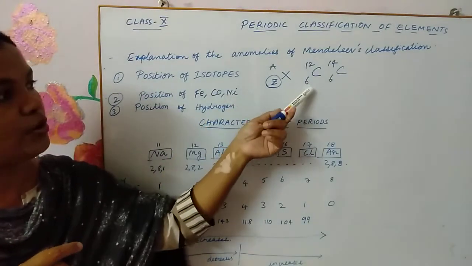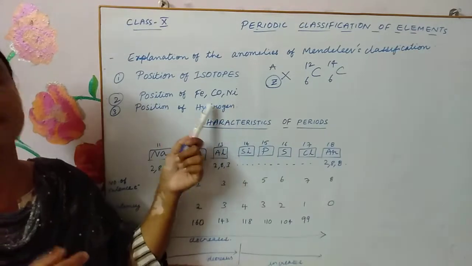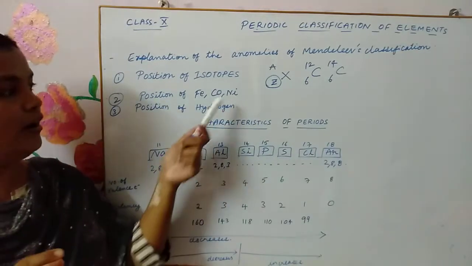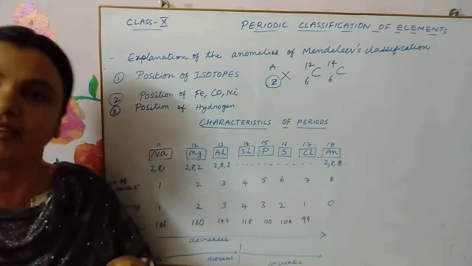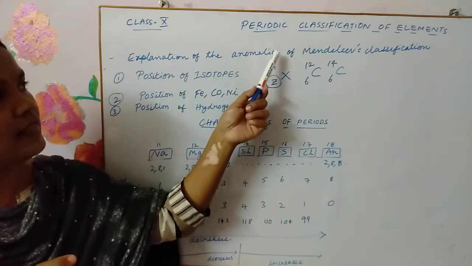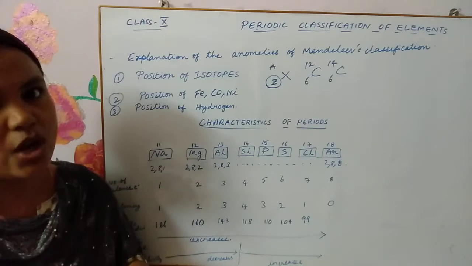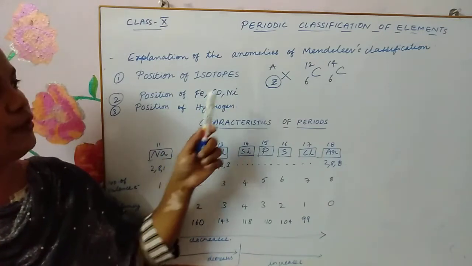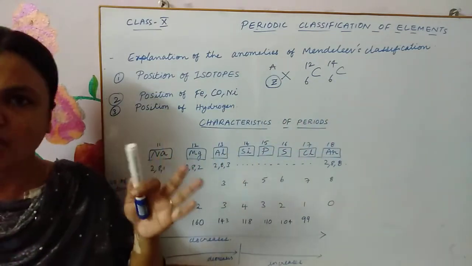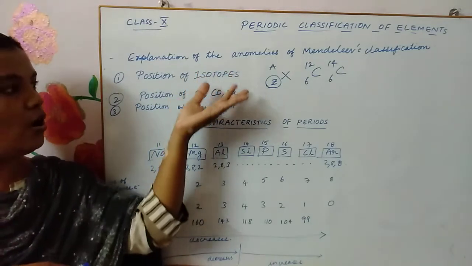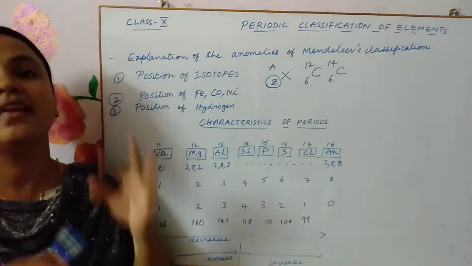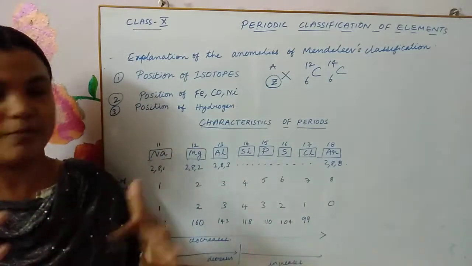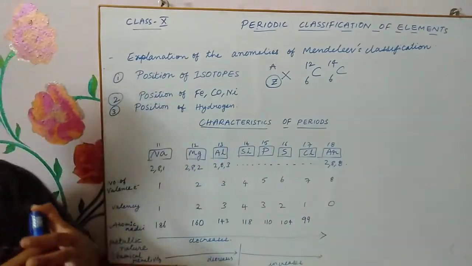According to the atomic numbers, cobalt should come before nickel, and nickel should be placed after cobalt. This explanation also Mendeleev could not give. So when you take atomic number into consideration, all these limitations or anomalies are solved, or a nice explanation is given to these.